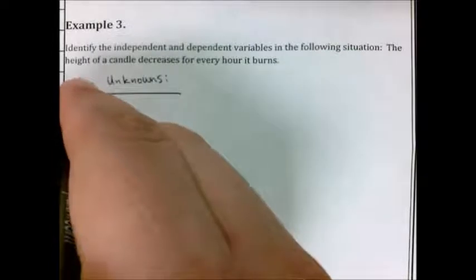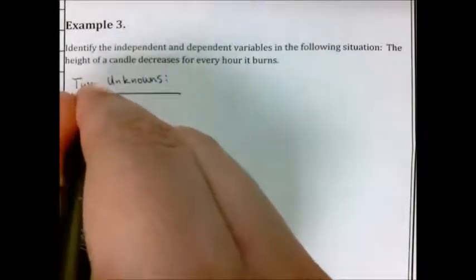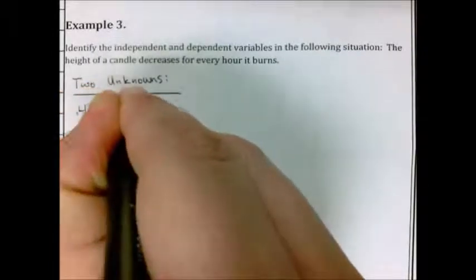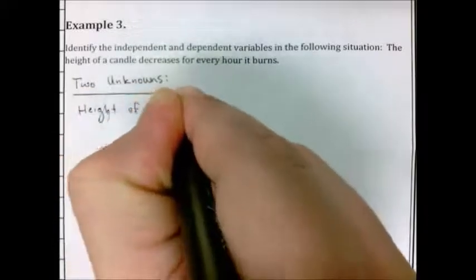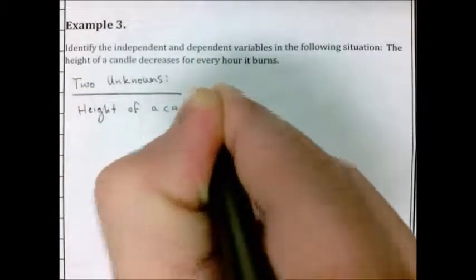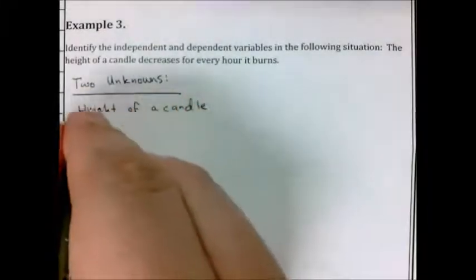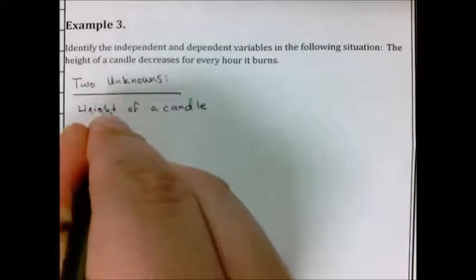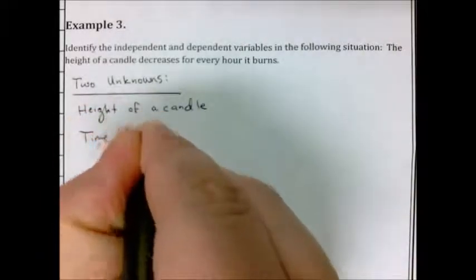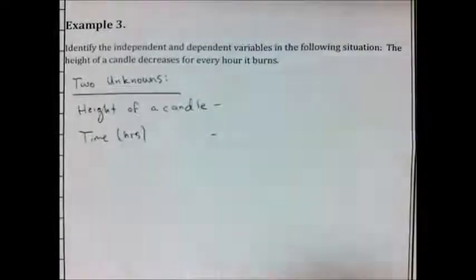So our two unknowns: you should have put the height of a candle. That's one of the unknowns. And the second unknown is time, time in hours. Those are the two things that we are not sure about. To figure out which one's the independent variable, what does everything depend on?